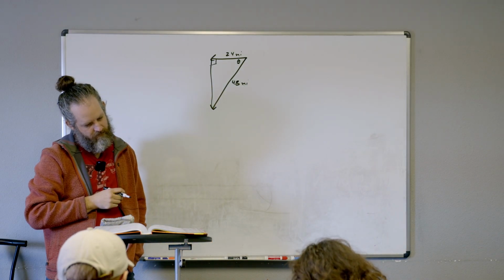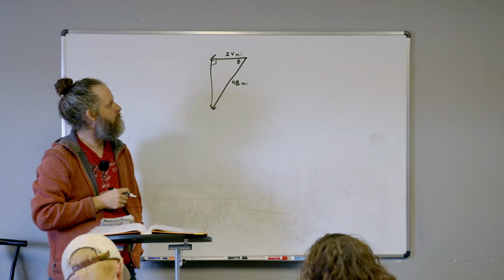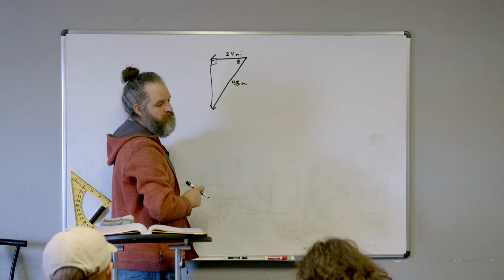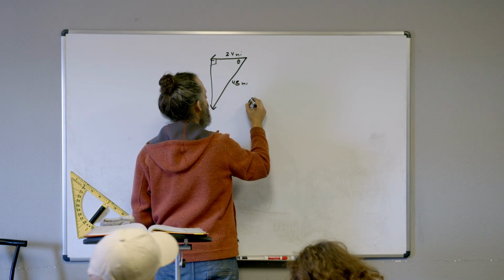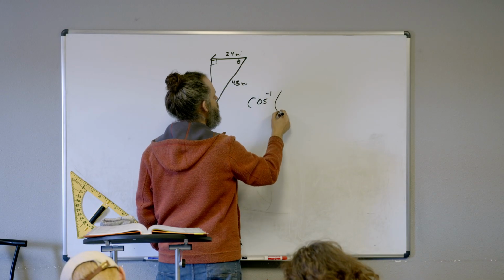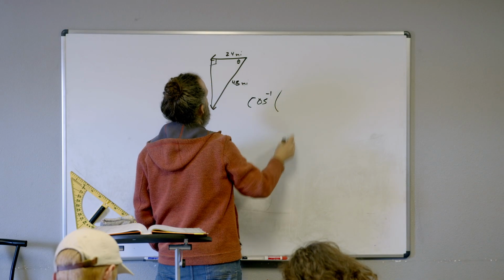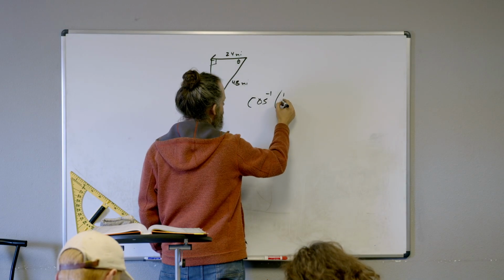Is it going to be negative x over r? Is that how we figure it out? I think I didn't put the negative. Inverse cosine of 24 over 48, which would be 1/2, right?